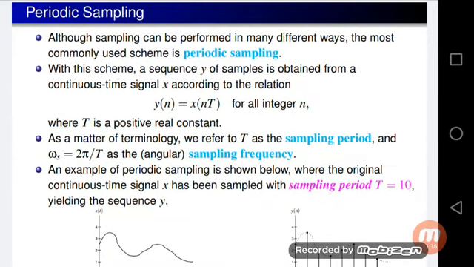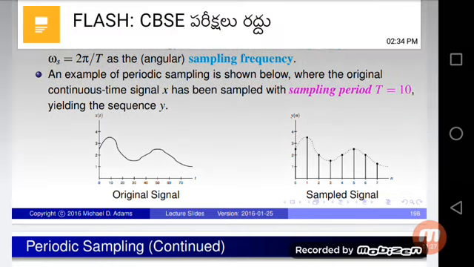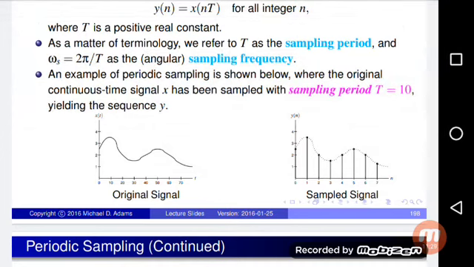Next one is periodic samples. Already I am telling how to convert the sine wave into sampled discrete signals.